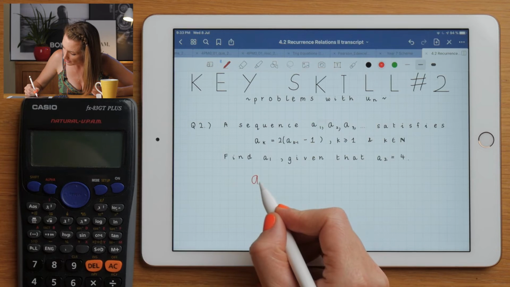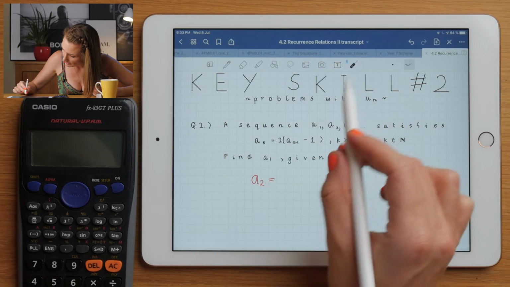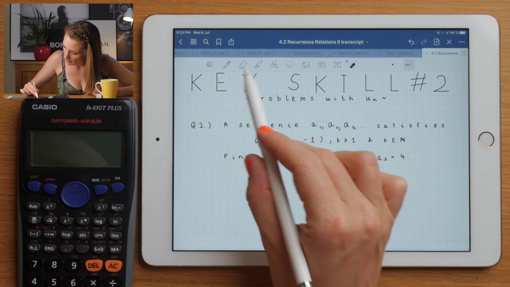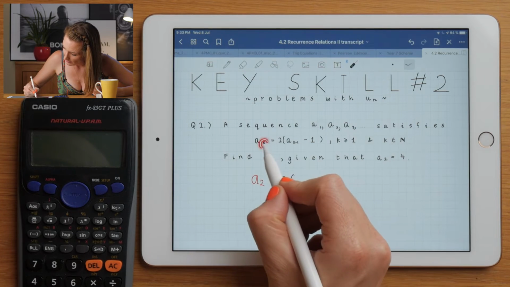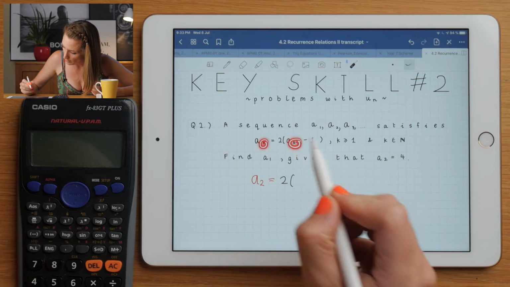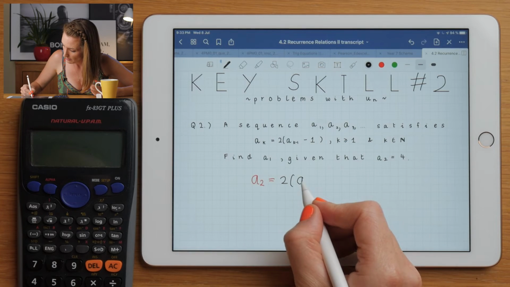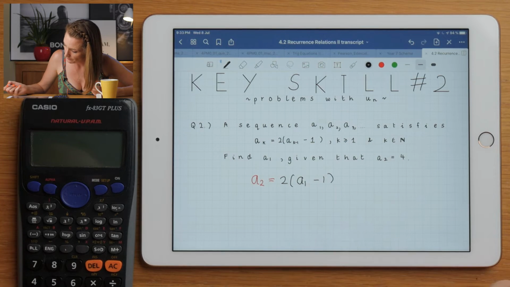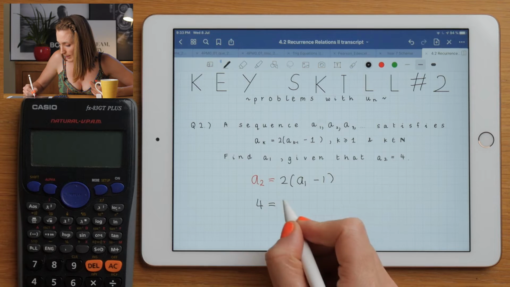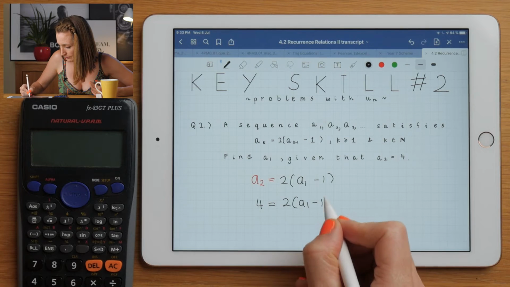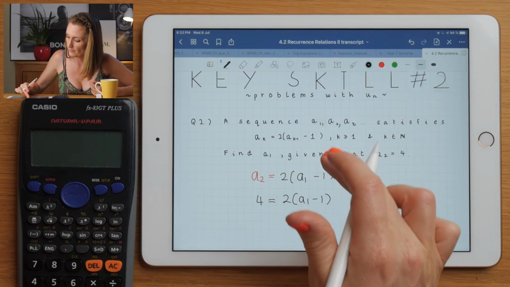So if we think about it, A2, so in this case K would be 2, must be equal to 2 times, if K is 2, K minus 1 will be 1, A1 minus 1. So you write the formula that links them together, and then you can substitute the 4. So 4 will go here. And we can work backwards to find A1.